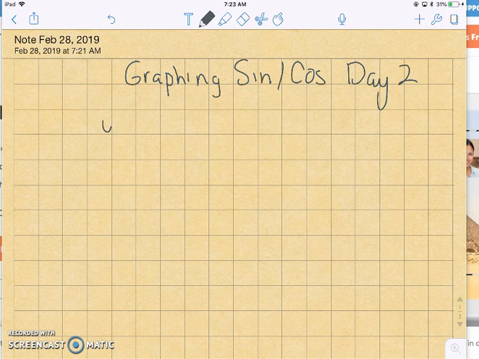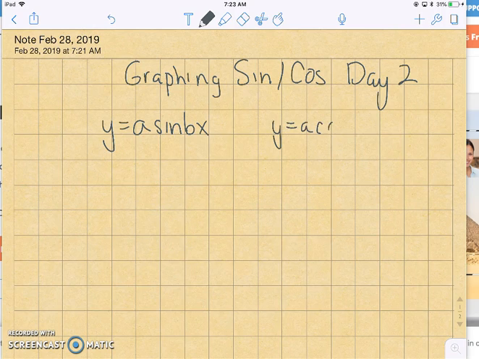The two equations that you looked at last night were y equals A sine of bx and y equals A times the cosine of bx.